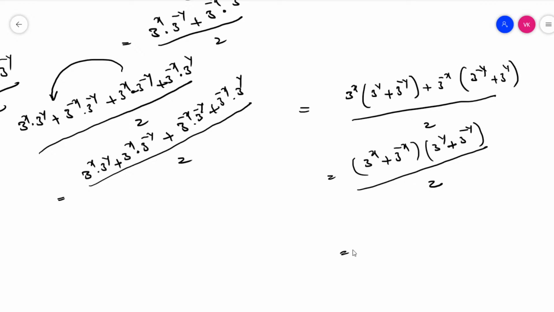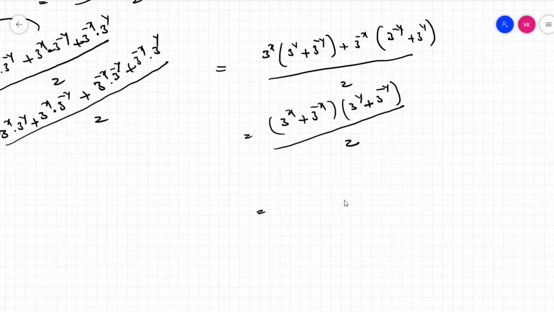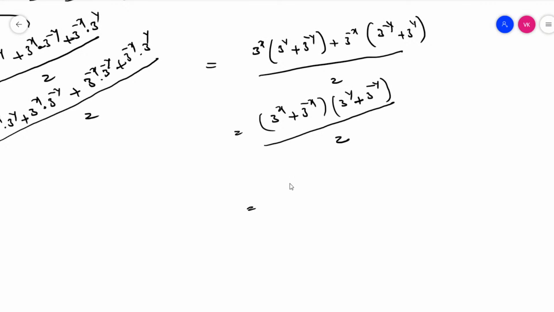Okay, then let's just adjust them like that. I can write 2 by 4. Let's take the common as 2 by 4, and we can write 3 power of x plus 3 power of minus x, times 3 power of y plus 3 power of minus y. That means we can simplify it, and we will get 1 by 2.